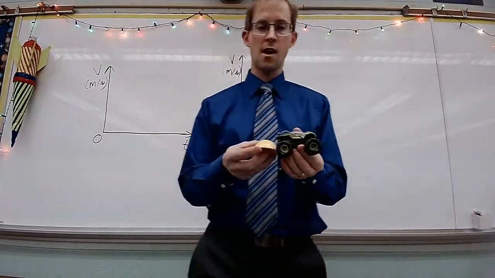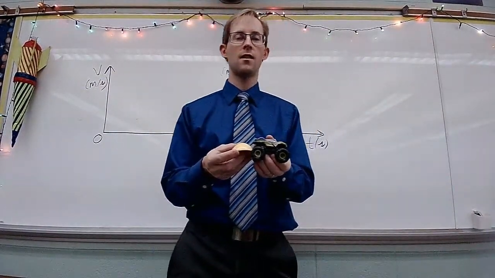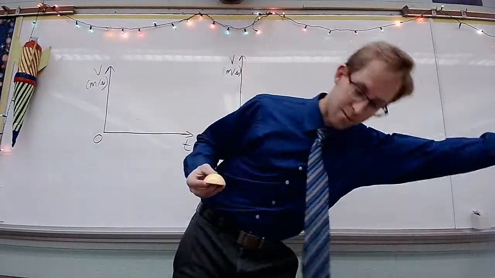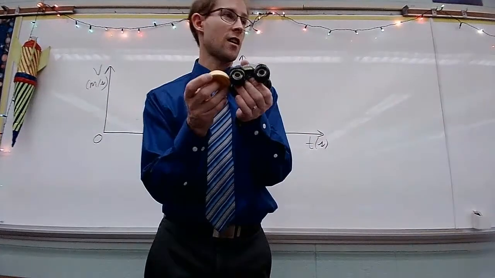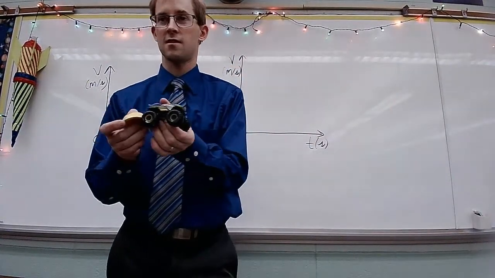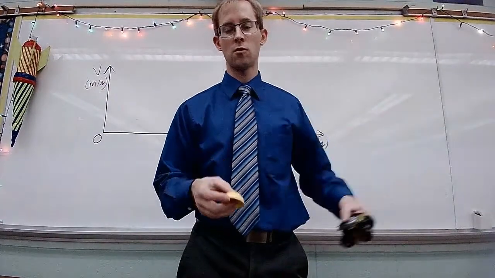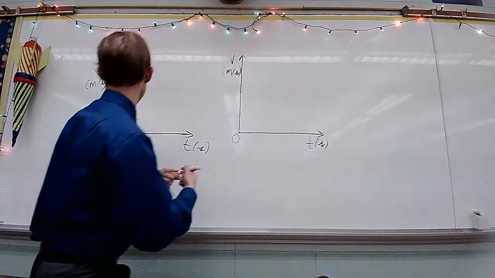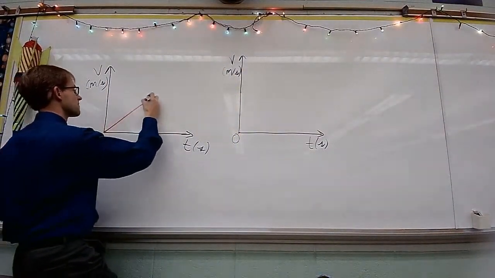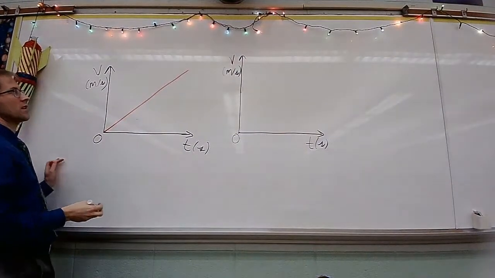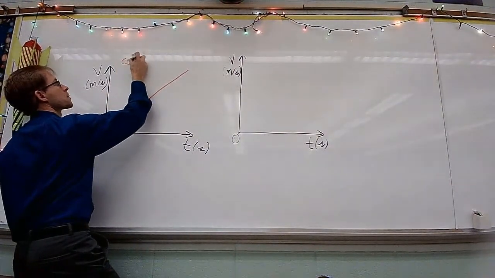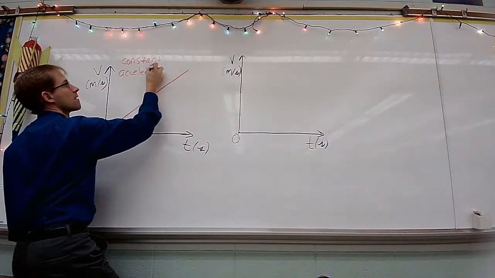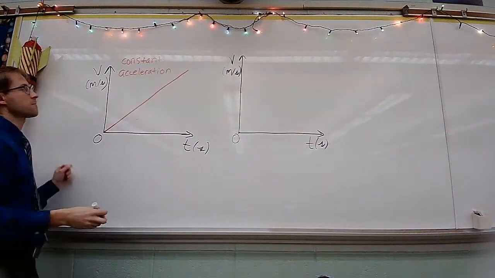So let's say time begins right now. Time stops. So Donatello started with the velocity of 0, and as time went on, that velocity grew and grew and grew. That's going to be this one. So a couple things we need to take note of. This is a constant acceleration.